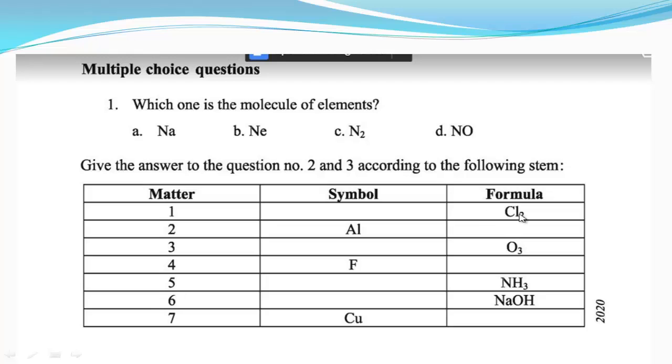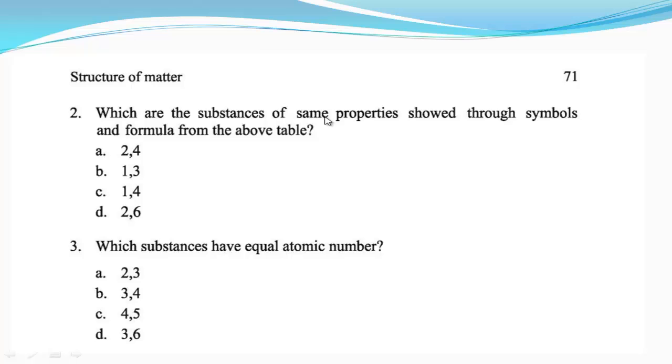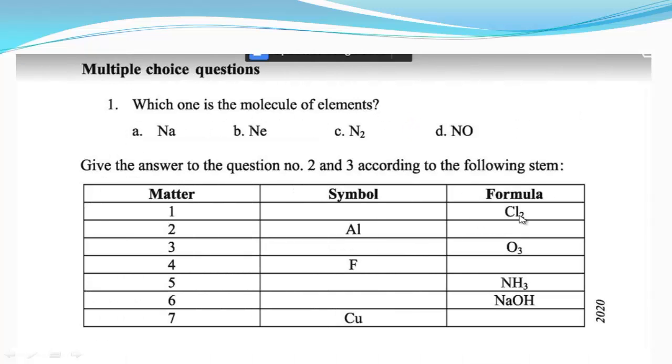Follow here. The question is what? Which are the substances of same properties? Chlorine and fluorine have the same properties because they are present in the same group in the periodic table. When you read in a higher class, in standard 9, you will read about the periodic table in detail.